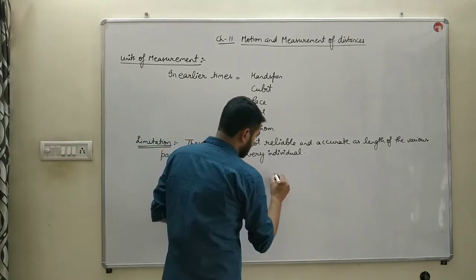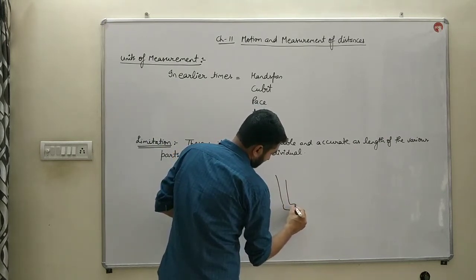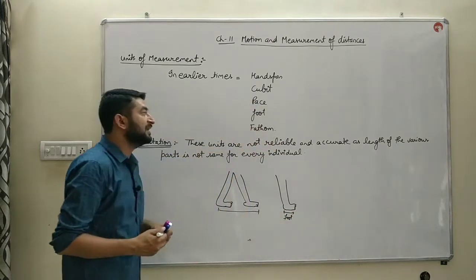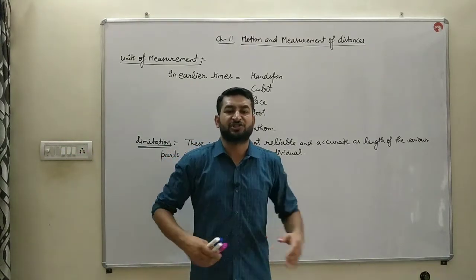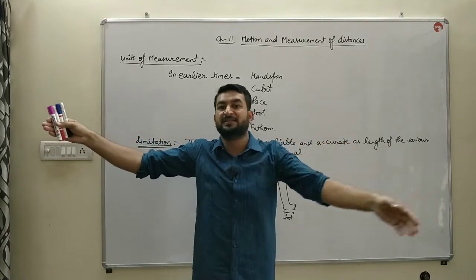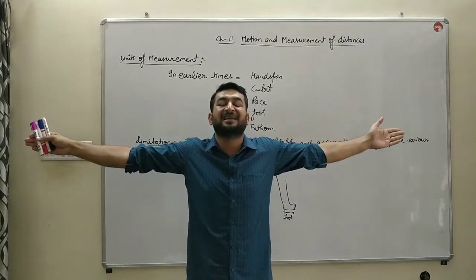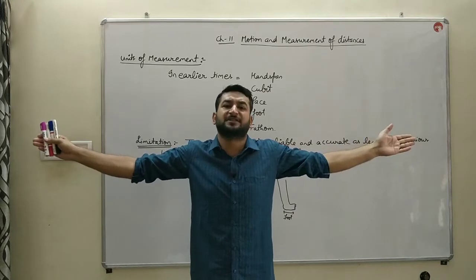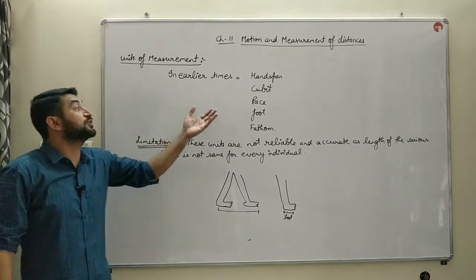The length of single foot is known as foot. Next, fathom. What is fathom? The stretched arms are considered as 1 fathom. That is, the length from this tip to this tip, when I stretch my arms, is known as 1 fathom for me. It is approximately 6 feet. So these were the rough units which we used in our earlier times.